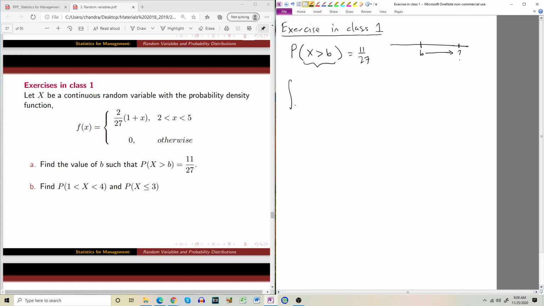Of course b is minimum, so you write b here. All the x go above b, up to where? The question is 2 to 5, so b must be between 2 and 5, and x can go up to 5, the maximum value.